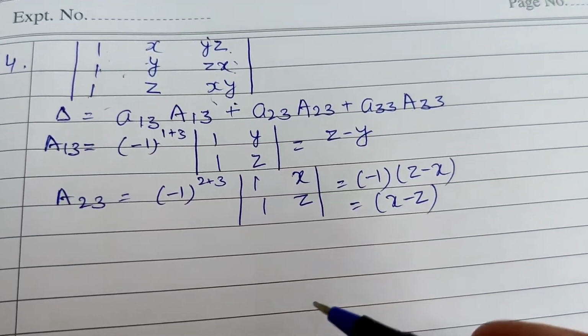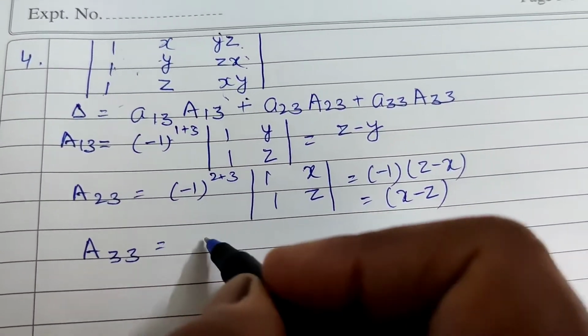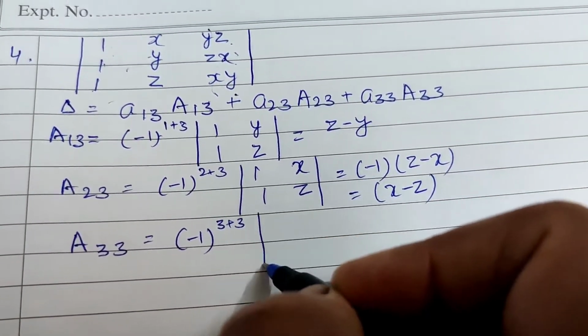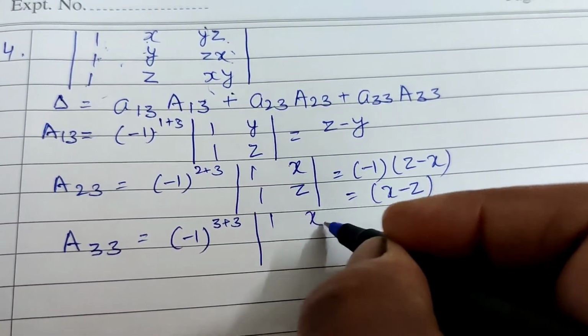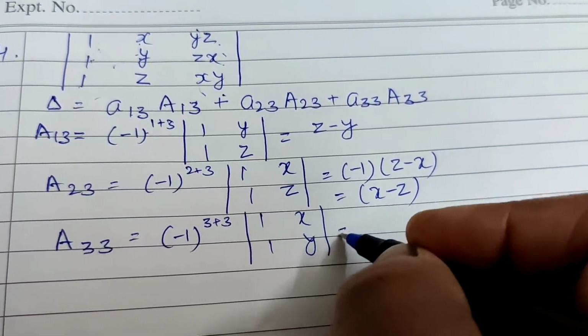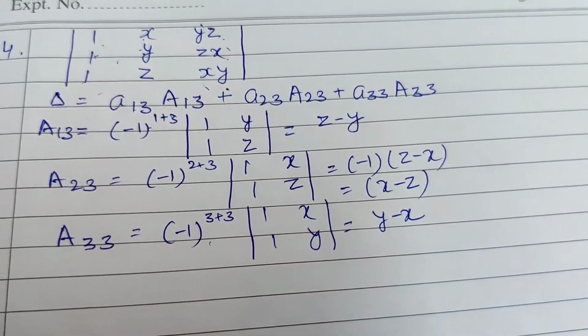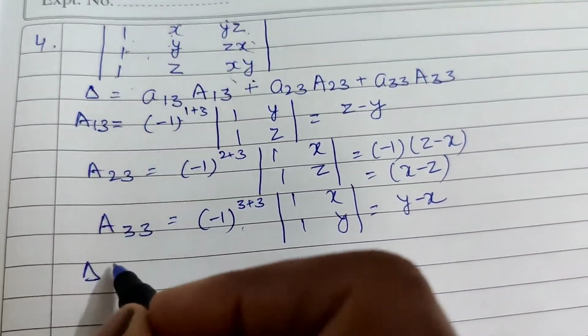Okay. Next, A33: minus 1 raised to power 3 plus 3 and the minor 1x, 1y, which is positive y minus x.